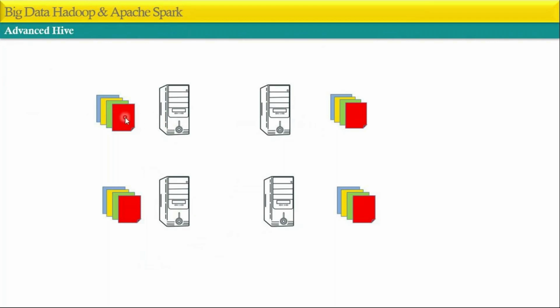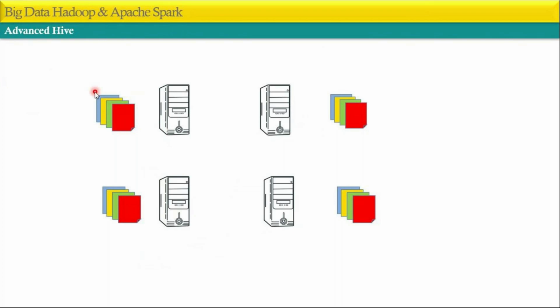So say if I need to fetch the red part, I need to scan the data from all of the machines. From here I need to scan, from here as well, and from here. So I need to scan almost all the records from the data.